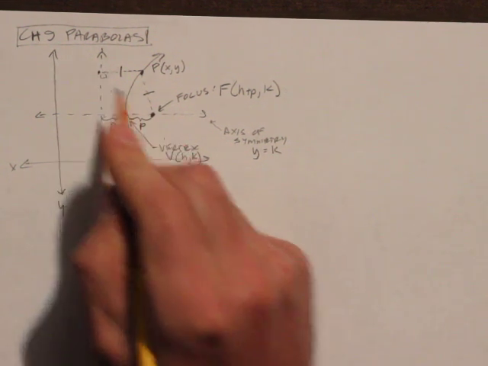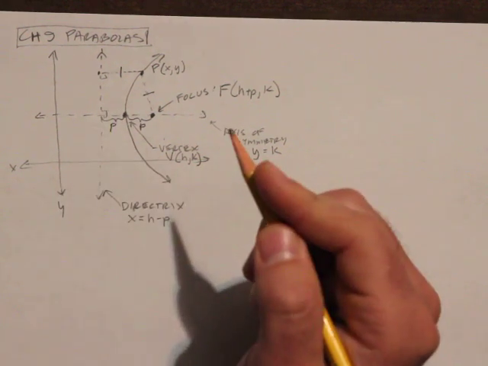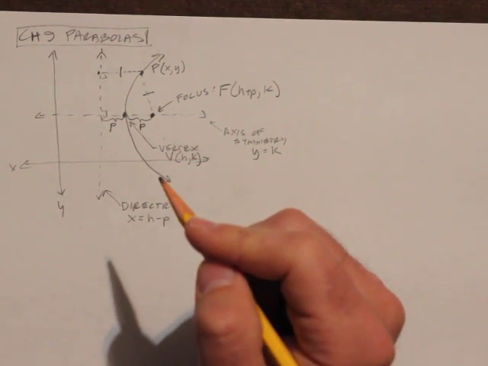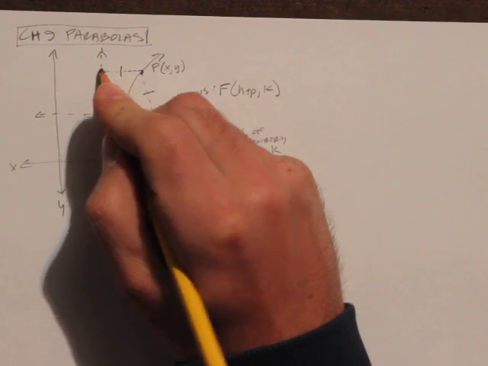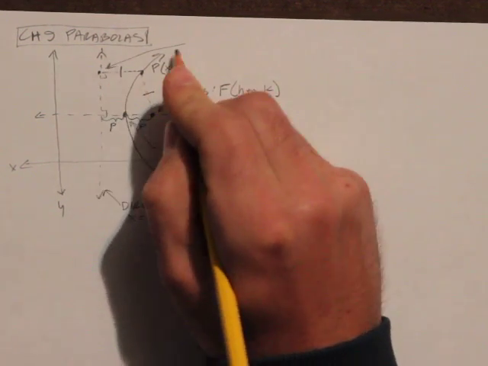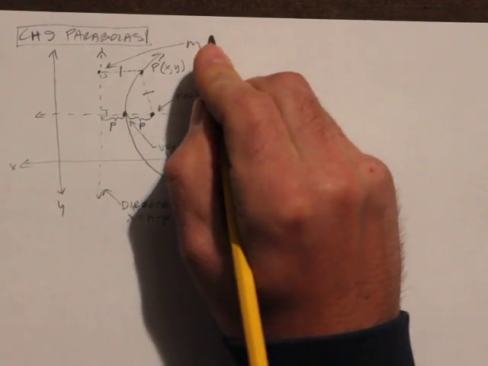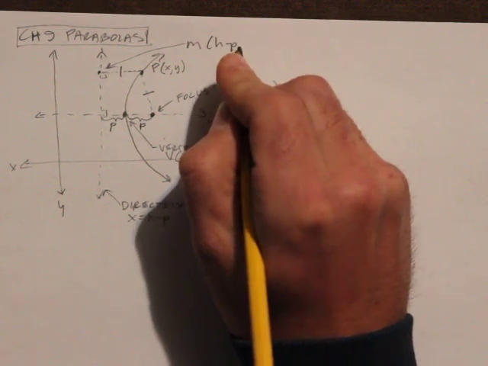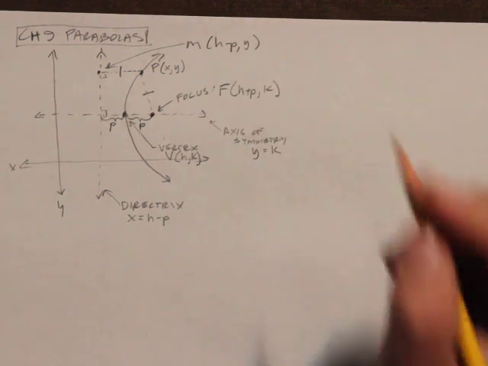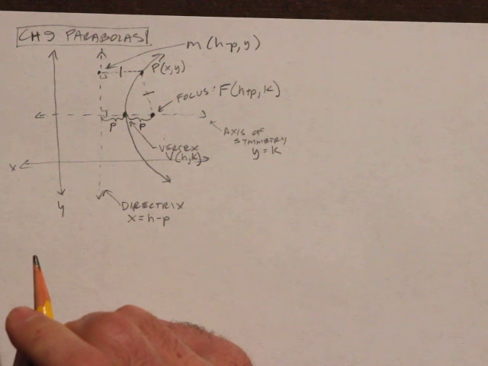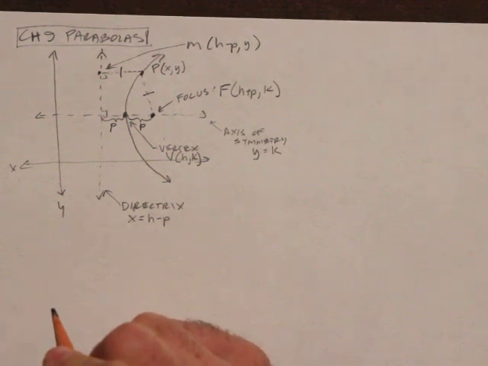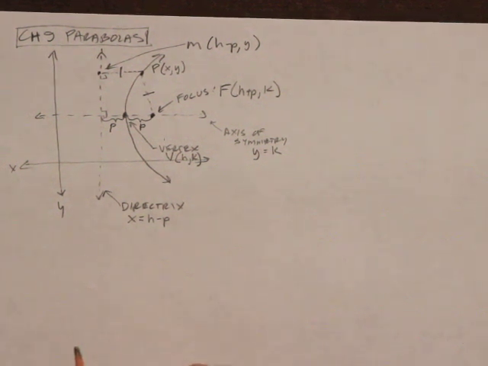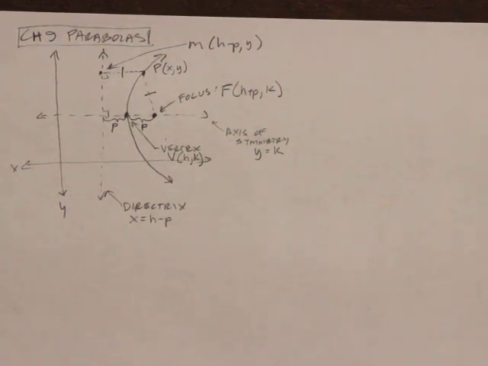This would be a 90-degree angle here, and this would be a 90-degree angle here. This point M is (h minus p, y). And that is all of the things we are going to put on this little schematic.